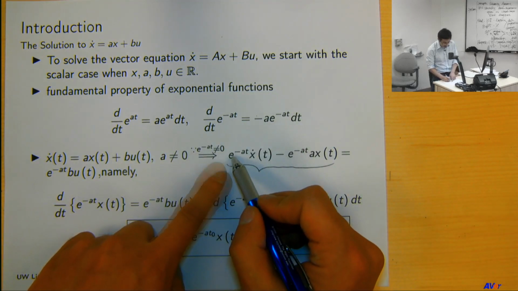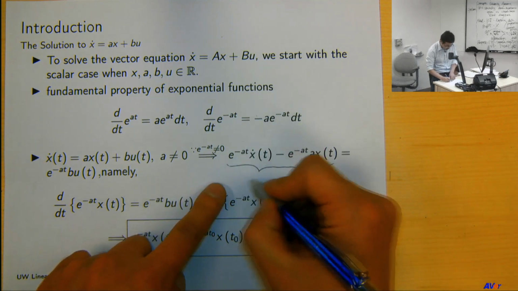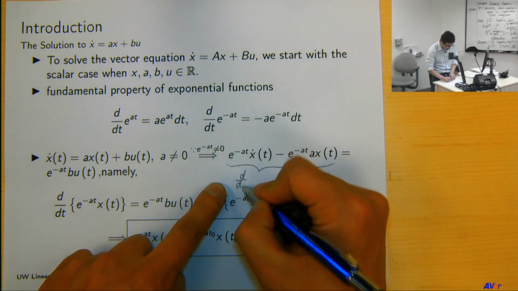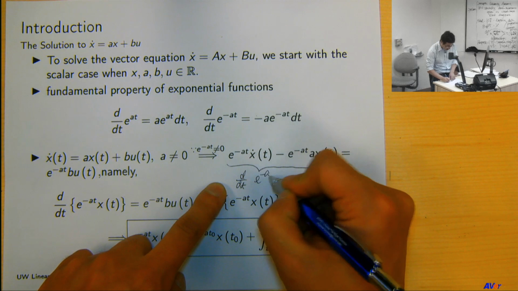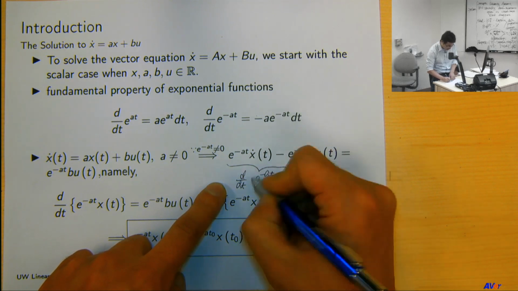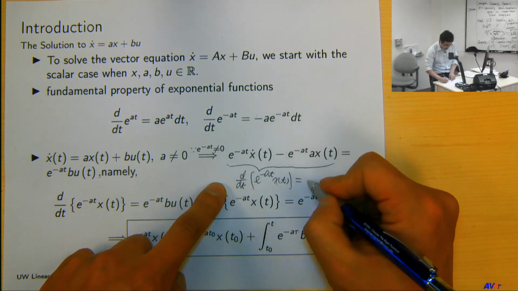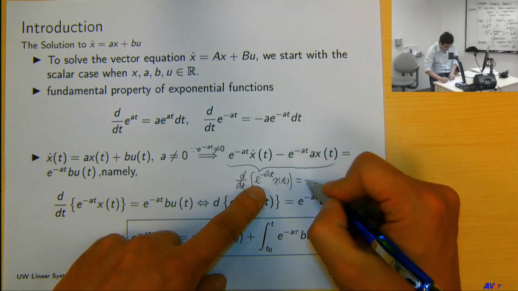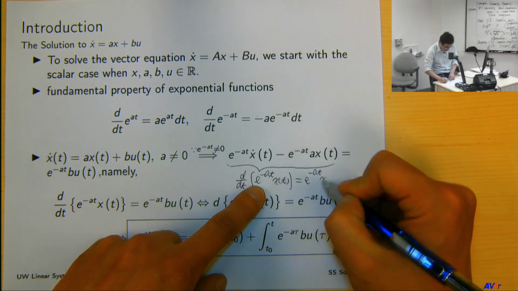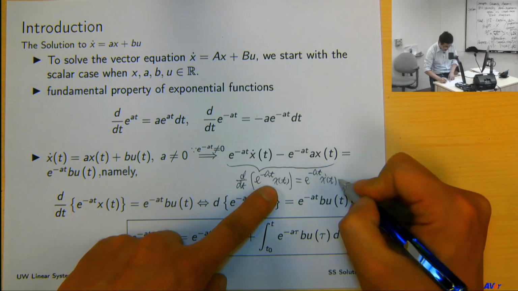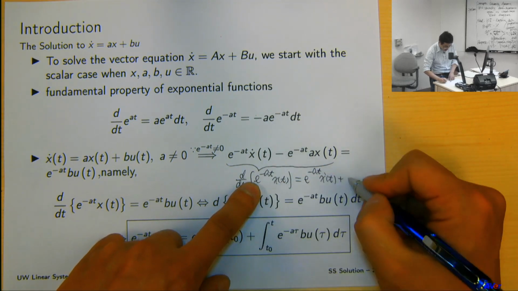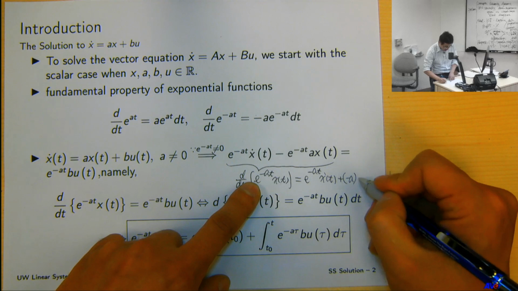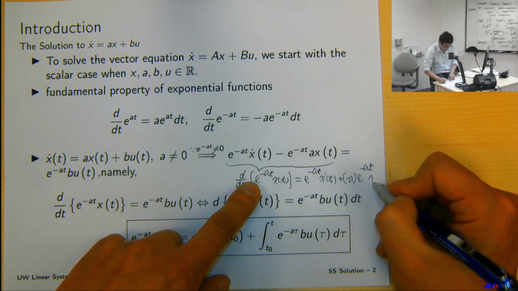So you notice d/dt of e^(-at) x(t) is, by the chain rule, e^(-at) x dot(t) plus, by the chain rule, the derivative of this one, negative a e^(-at) x(t).